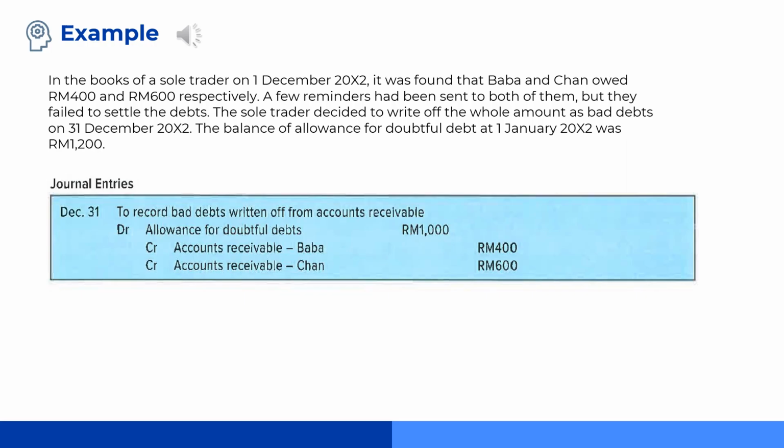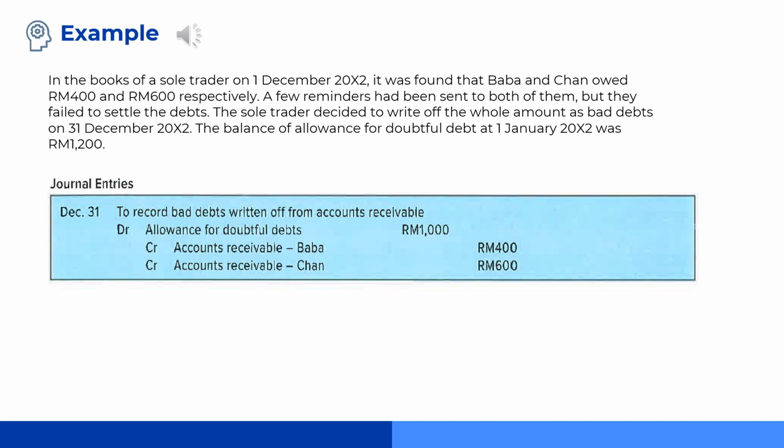In this example, Baba and Chen owe 400 and 600 respectively, and both of them failed to settle the debt. And then the sole trader decided to write off the whole amount as bad debt on 31st December 20x2. The balance of allowance for doubtful debts at 1st January was 1,200.